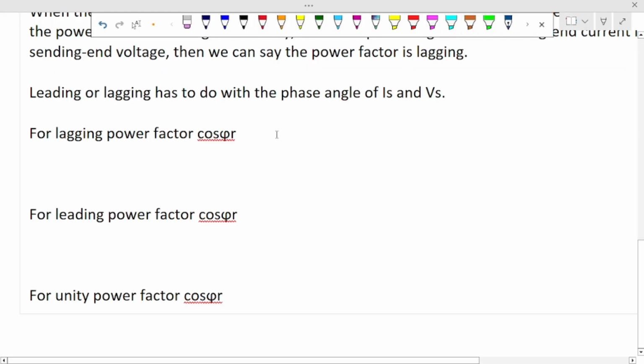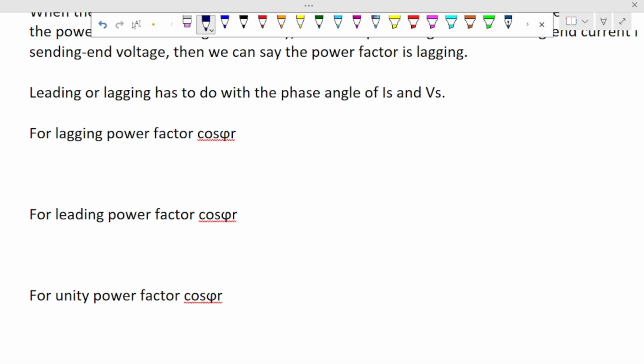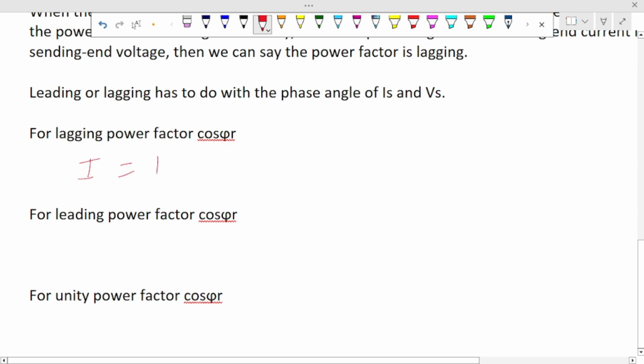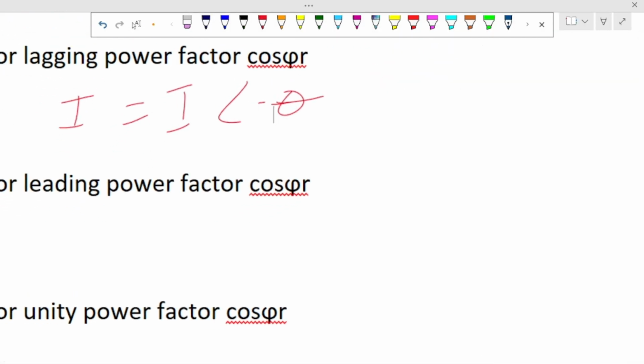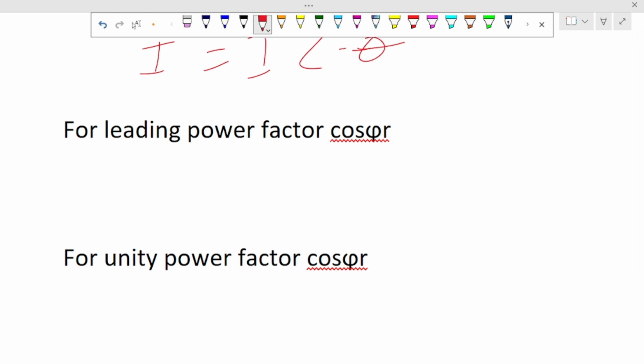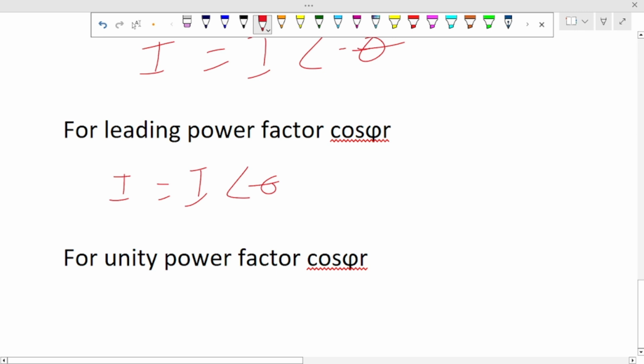For lagging power factor, the angle will be negative. For leading power factor, the angle or the phase will be positive.